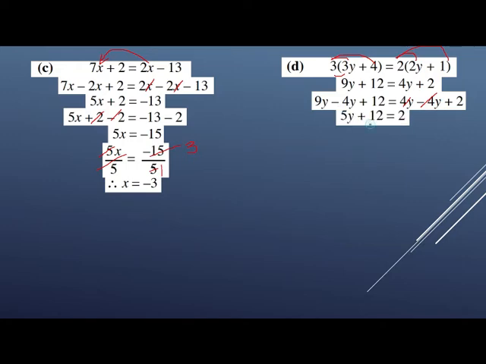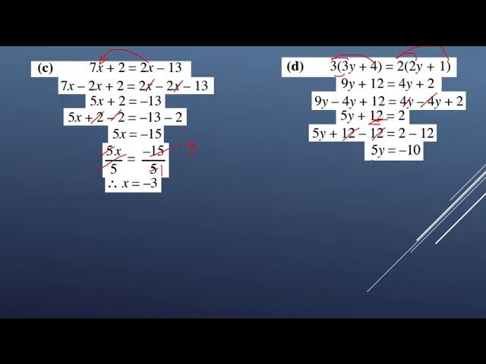Now you have to remove the 12. So you will subtract 12 on both sides. 5y plus 12 minus 12 is equal to 2 minus 12. 2 minus 12, you will get 10. You will place the sign of the greater, which is minus 10, and 5y as it is.